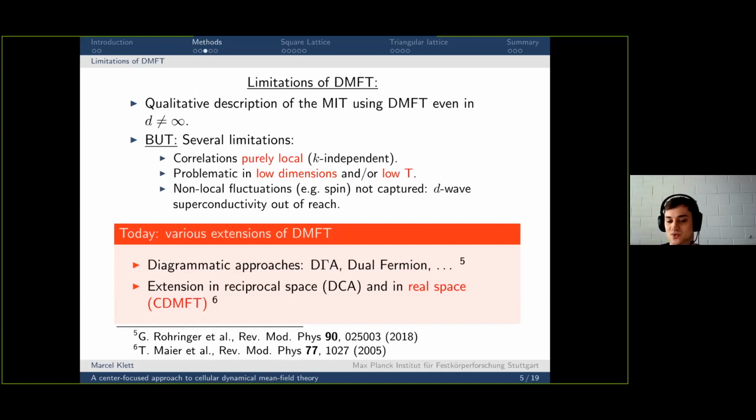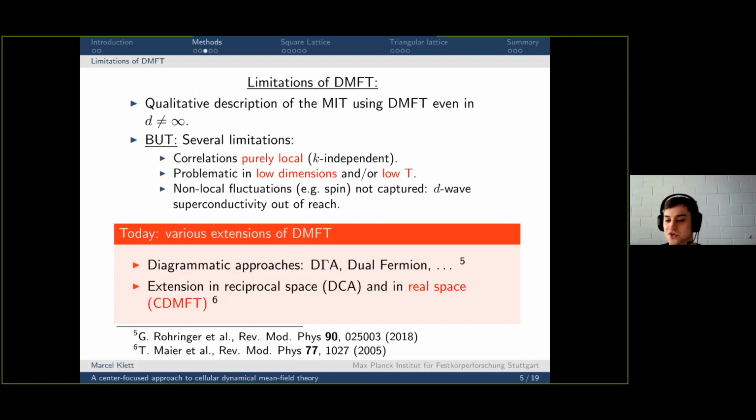Or we can use cluster extensions of DMFT, which on the one hand is called DCA, a cluster extension in momentum space. And the other extension is called CDMFT, which is the extension in real space. And that's the theory I want to talk about.